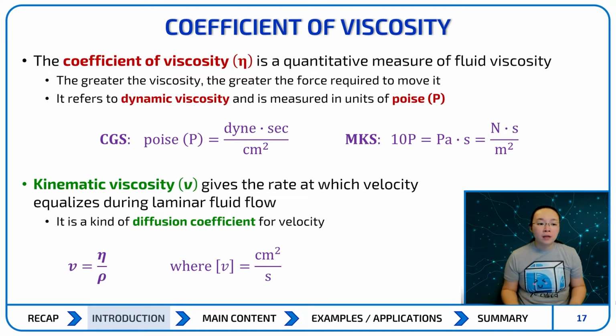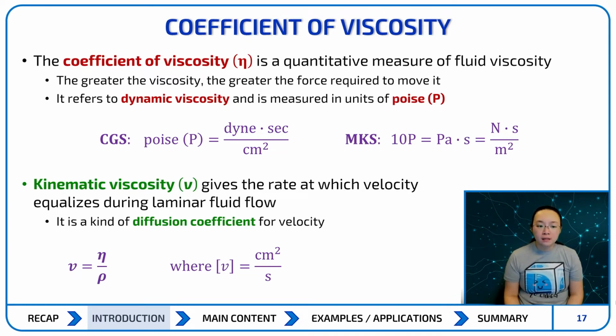Just be aware that in a lot of different textbooks or even research articles, they will be using units of poise to represent different terms in fluid dynamics. Now, because we're looking at fluid flow, we have to take a look at kinematic viscosity, nu.